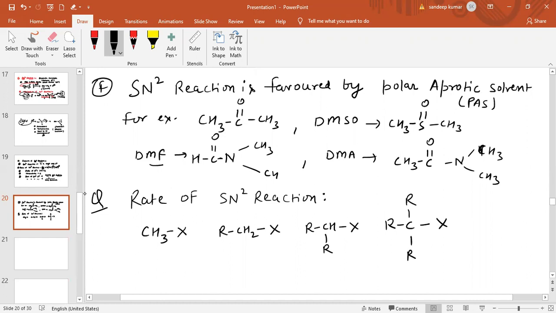Now see, there is only one carbon, there are two carbons, and there are two carbons plus one carbon in branch, and there are three carbons in branch.